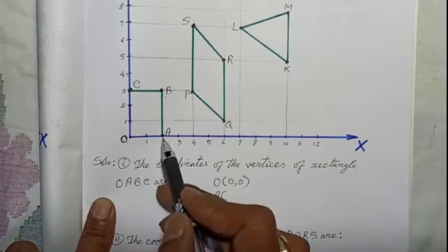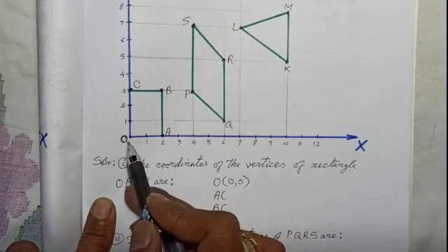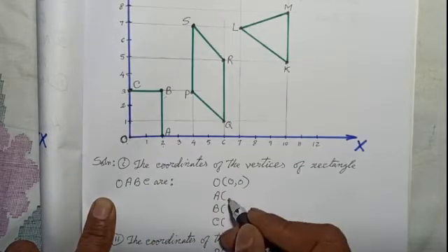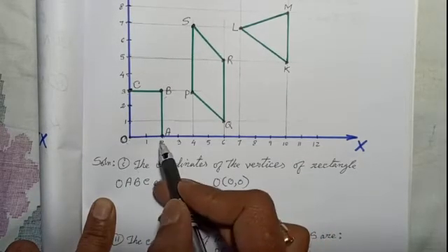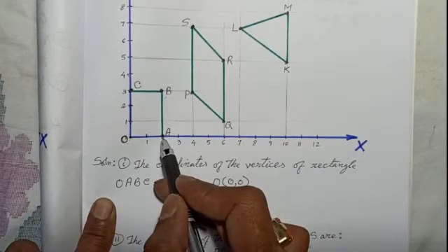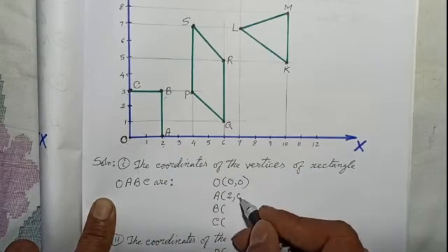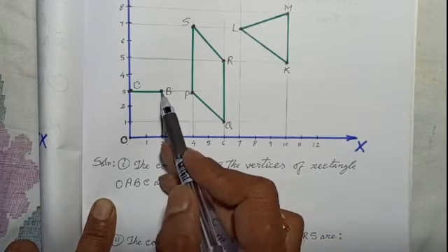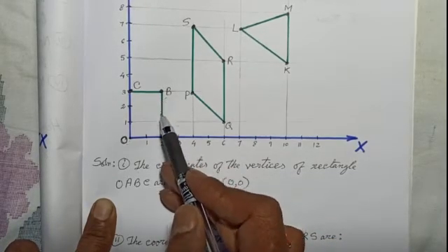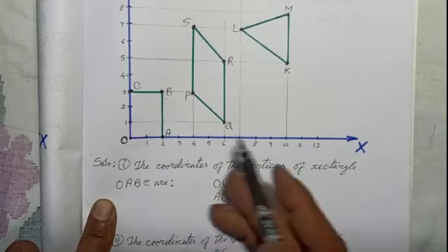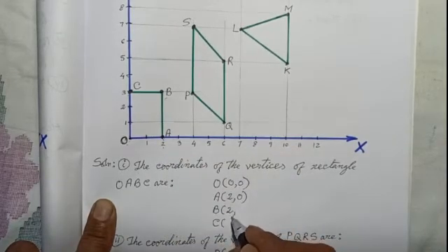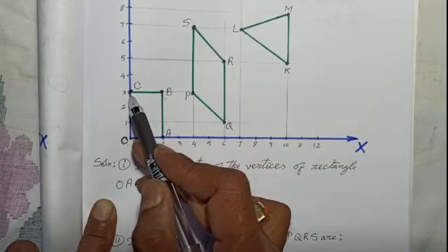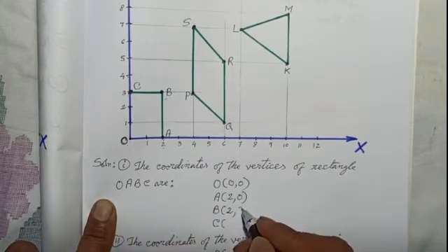Now the coordinate of A: at the point A, the value of x is 2, so 2. And at the point A, the value of y is 0, so the coordinate of A is 2, 0. Now B: at point B, the value of x is 2, and the value on the y-axis is 3, so 3.